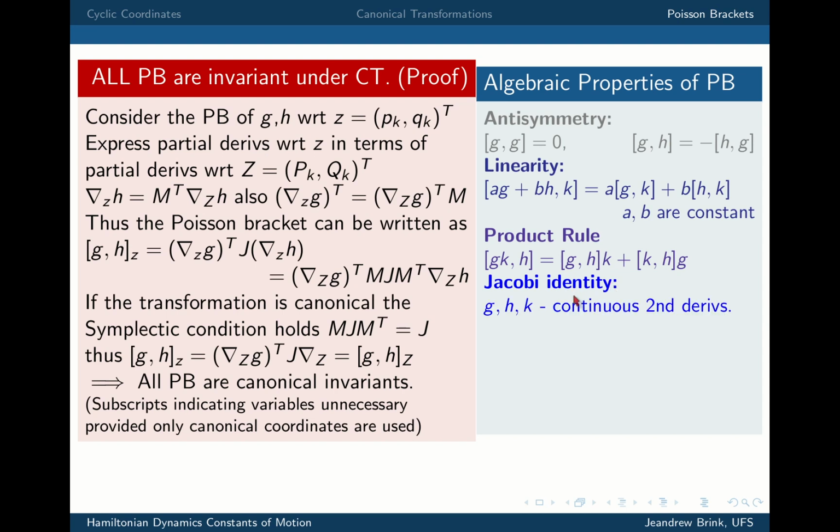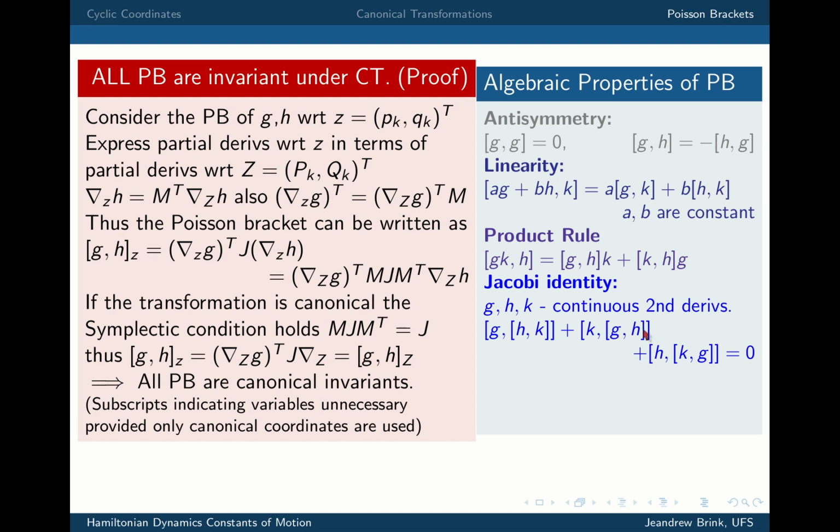But what the Jacobi identity is: if you have G, H, and K that have continuous second derivatives, so functions of whatever canonical variable you're working in, then you have this combination. You have the Poisson bracket of G with the Poisson bracket of H and K, plus, okay, and see what I'm going to do, I'm going to take this K, I'm going to switch it around to the position of G, and then I'm going to move the next two on.